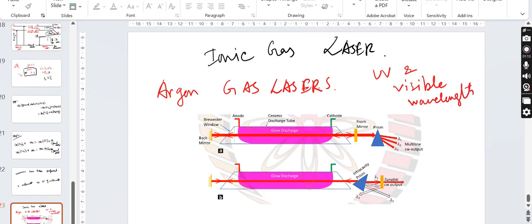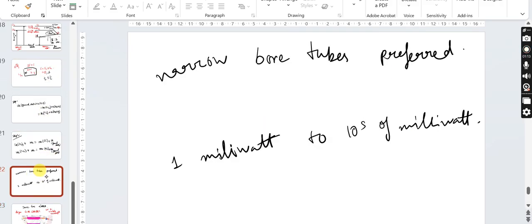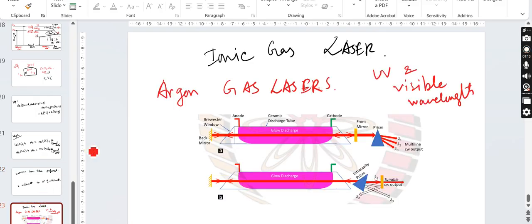Here, instead of narrow bore tubes, ceramic discharge tubes are used to dissipate the heat. It can be air cooled, or if it has increased power, it can be water cooled also.